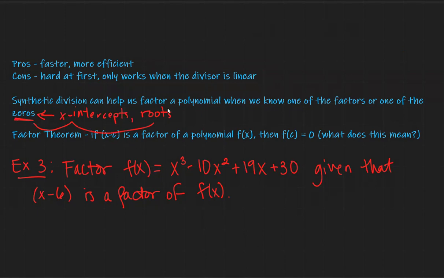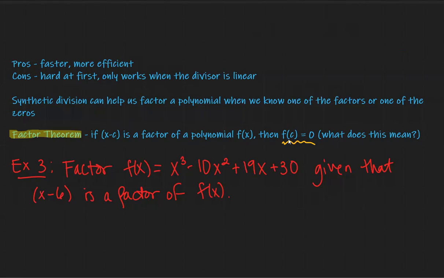So here's a little theorem that we want to keep in the back of our heads that is going to help us with what we're doing right now. It's called the factor theorem. If x minus c is a factor of a polynomial f of x, then f of c is equal to 0. So the question I have for you, and go ahead and pause after I ask this question, is what does f of c equals 0 mean?